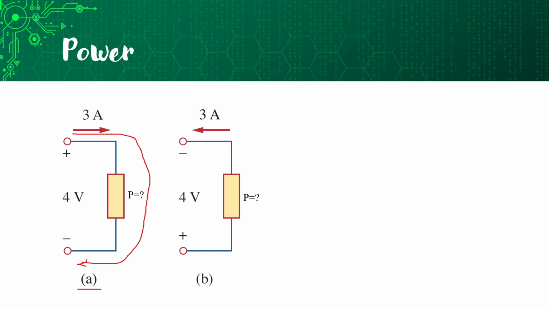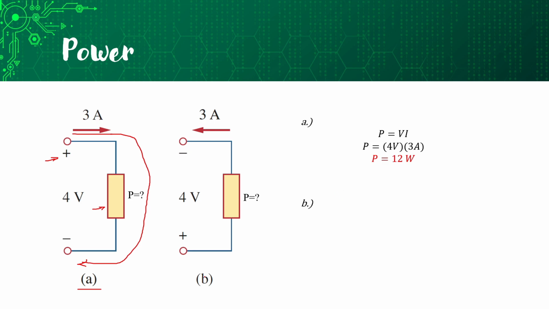Since the current is entering this positive terminal, the power consumed by this load is positive. Substituting the values, 4 volts and 3 amps, we get 12 watts.